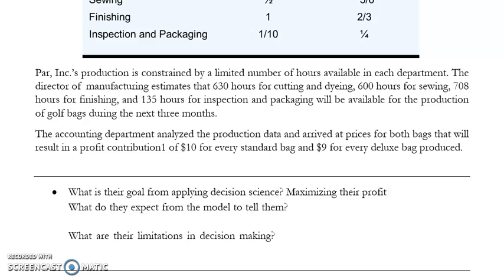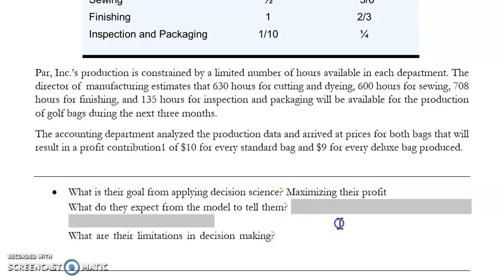Let's go for the second question. What do they expect the model to tell them? Okay, they want the model to maximize their profit. But how? The model should tell them how the profit is maximized, what is the approach that gets the manufacturer to that maximized profit.